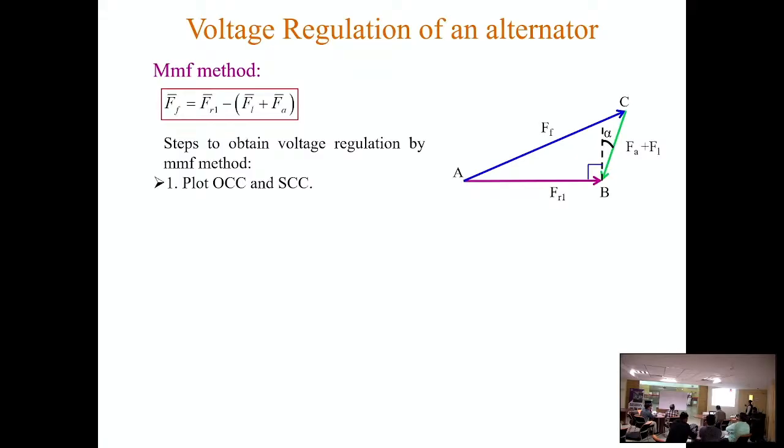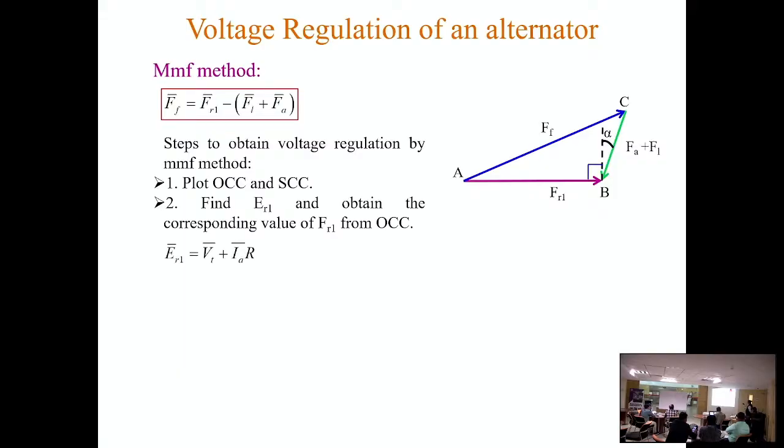So these are the steps to calculate the voltage regulation using this method. Plot OCC and SCC, find ER1 and obtain the corresponding value of FR1 from OCC. ER1 can be calculated using the voltage equation only. Vt plus IAR is equal to ER1, and you have to find that value on the EF axis.